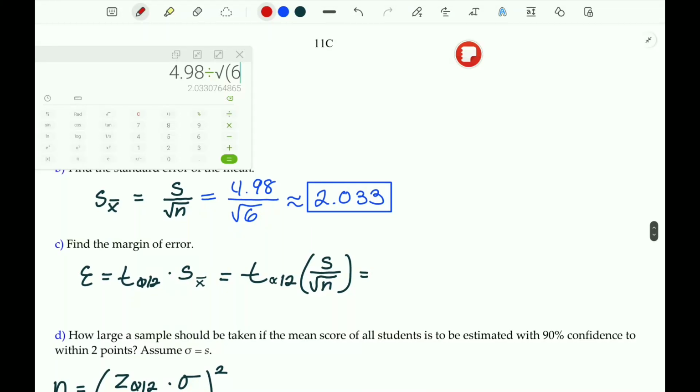So in order to calculate that, that's going to be the t critical value of 2.015 times the standard error, which we just found again, of 2.033. And we got approximately 4.096.